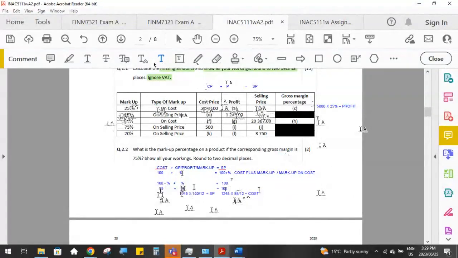Then this third one again is a markup on cost. And in this case, they have given us our selling price, the actual rand value. So markup on cost, I know that my cost is 100. I know that my profit is 30%. So 100 plus 30 equals the selling price, which is 130 parts.